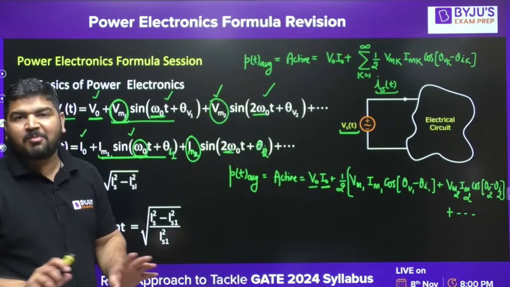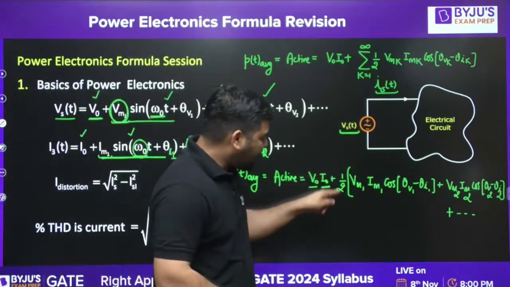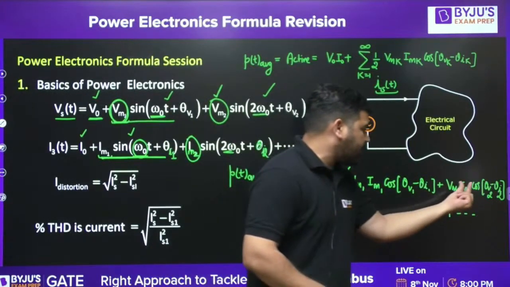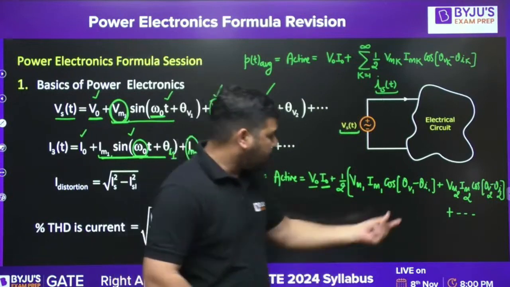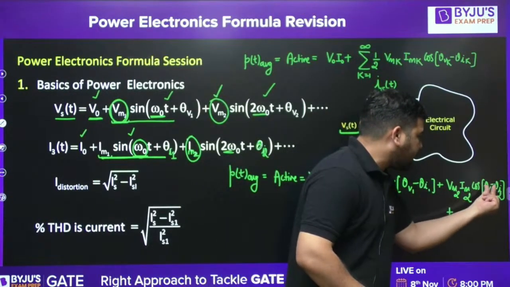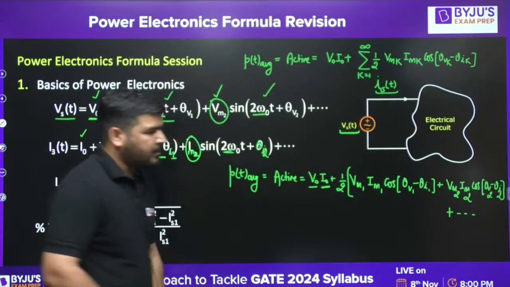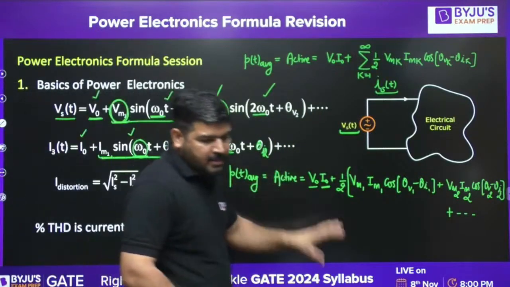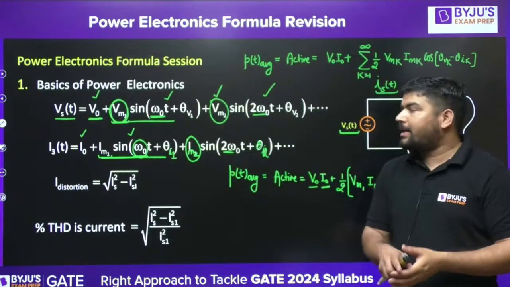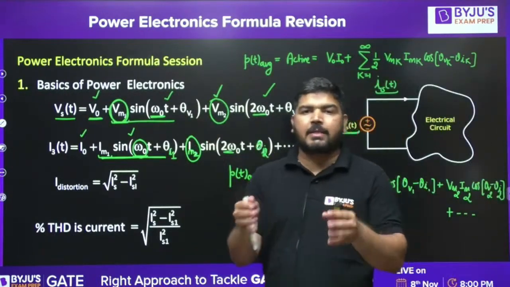Simple. You have to remember it like this. And there will be a factor of 1 by 2 because you are using the maximum value. And you have to take cosine of theta V2 minus theta I2. Okay, so this way you can write the active power. I hope you understood. So this is my Parseval relation. You have to remember that different frequency terms will not participate in active power.